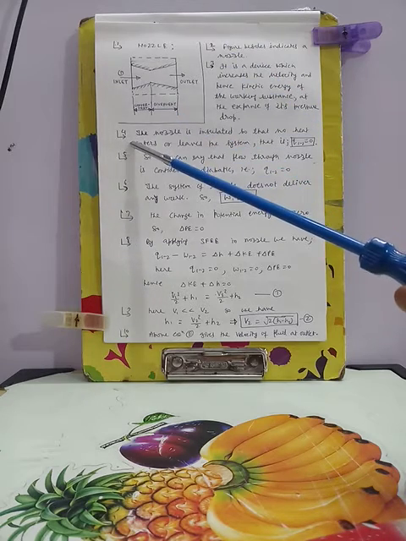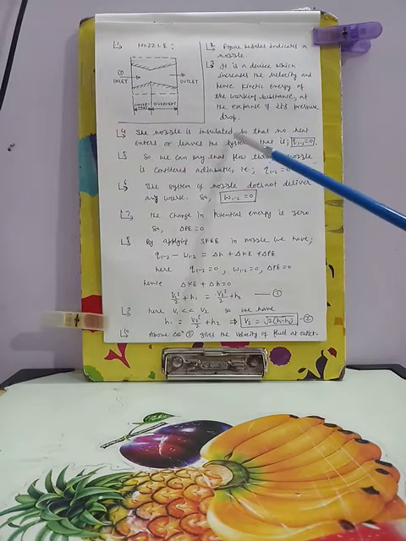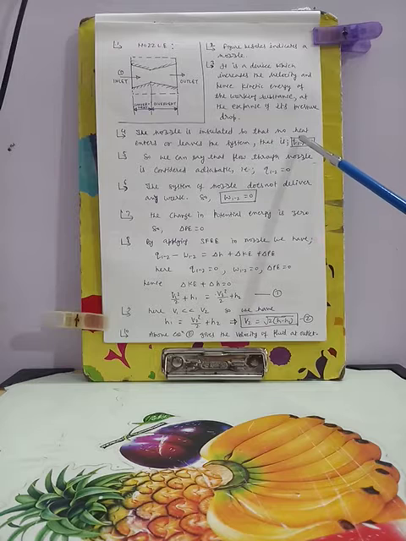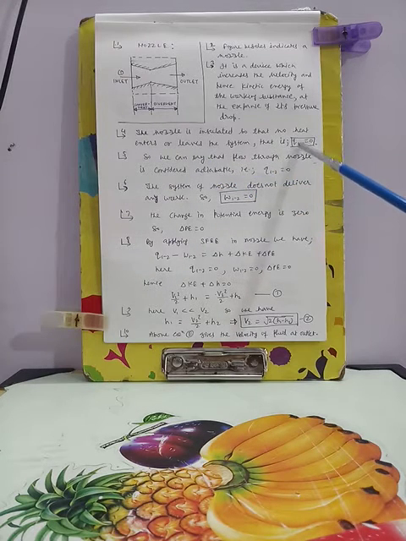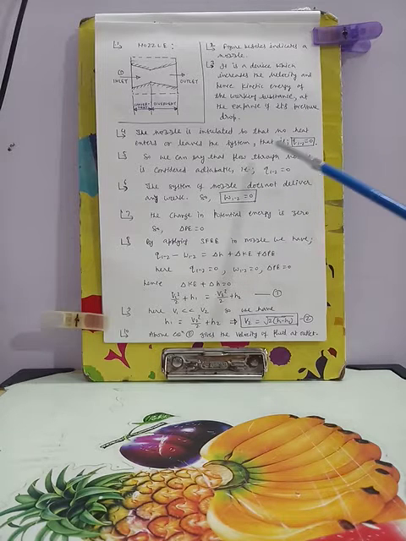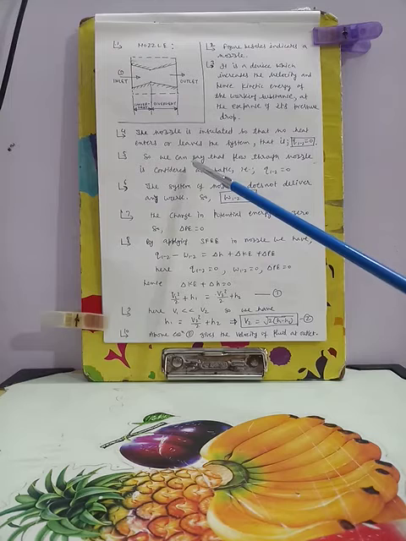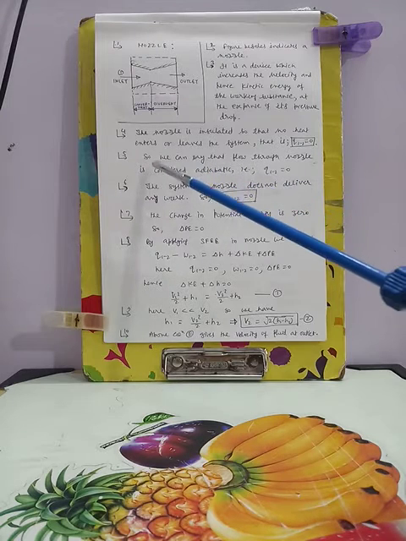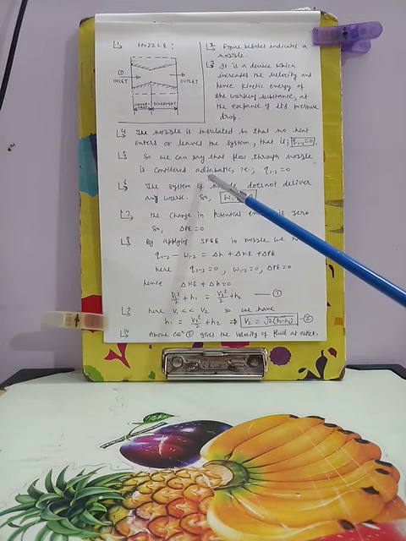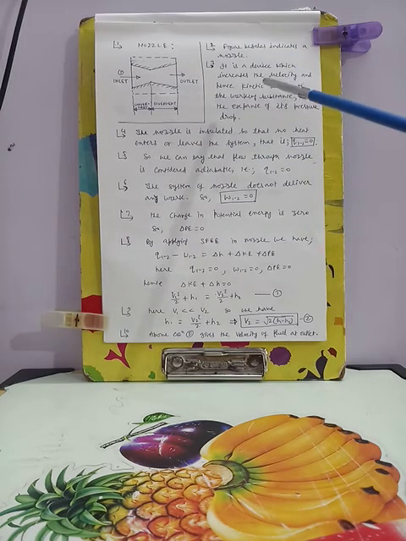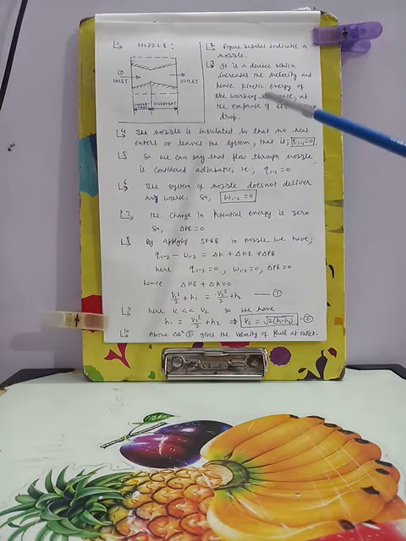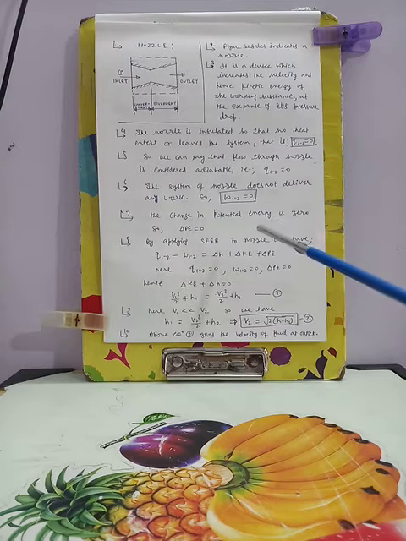As I have already told, the nozzle is insulated so that no heat enters or leaves the system, that is heat transfer Q12 is equal to 0. So flow through the nozzle is considered adiabatic. There is no heat transfer into or out of the system.